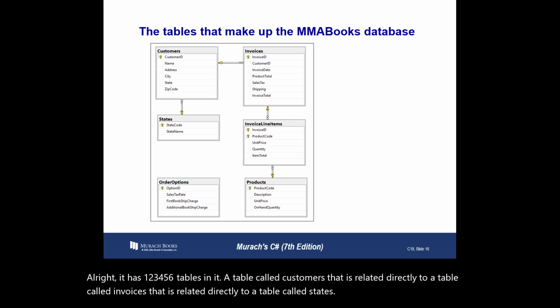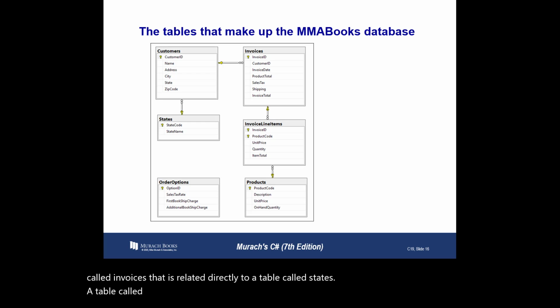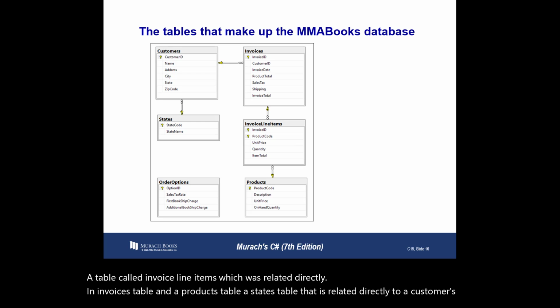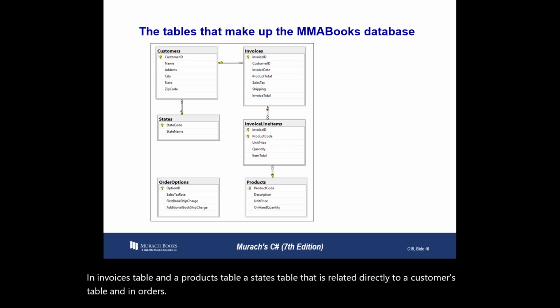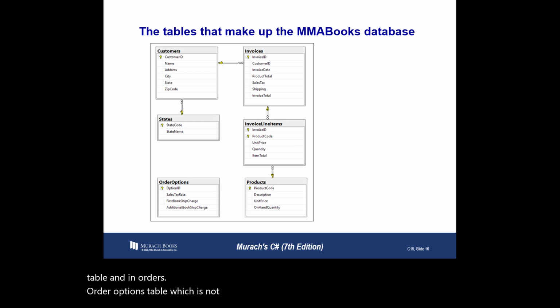A table called invoices, which is related directly to customers and to a table called invoice line items. A table called invoice line items, which is related directly to an invoices table and a products table. A states table that is related directly to a customers table, and an order options table, which is not directly related to any other table.